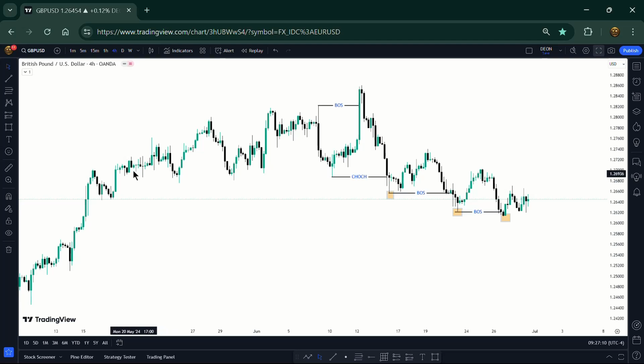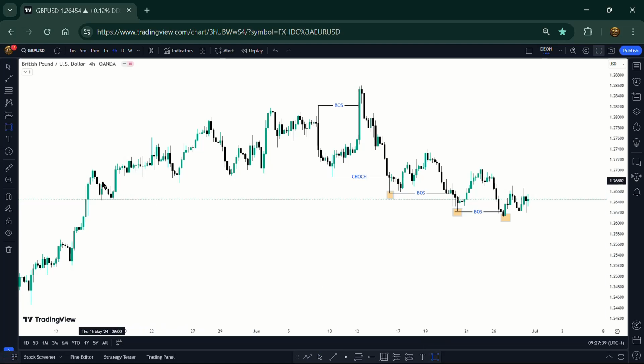Look for where price was reacting, because what you are looking for is not an order block or fair value gap that is going to hold this position for long, to a point where the market reacts to it and then goes all the way to the upside. No, that's not what we are looking for. What we are looking for is just that small reaction, which makes a huge difference on the lower time frames.